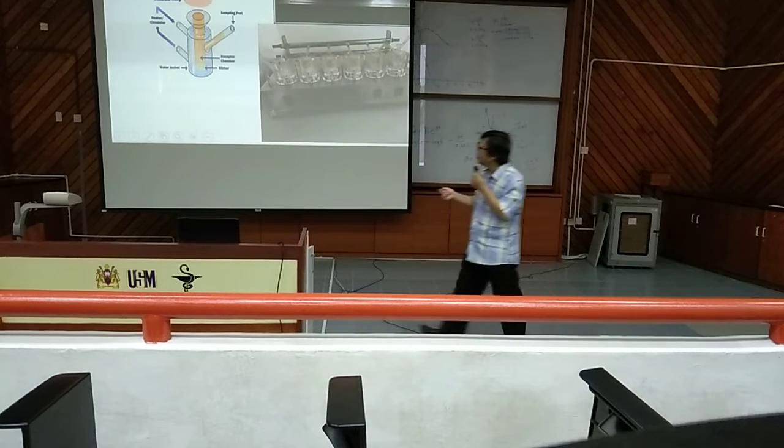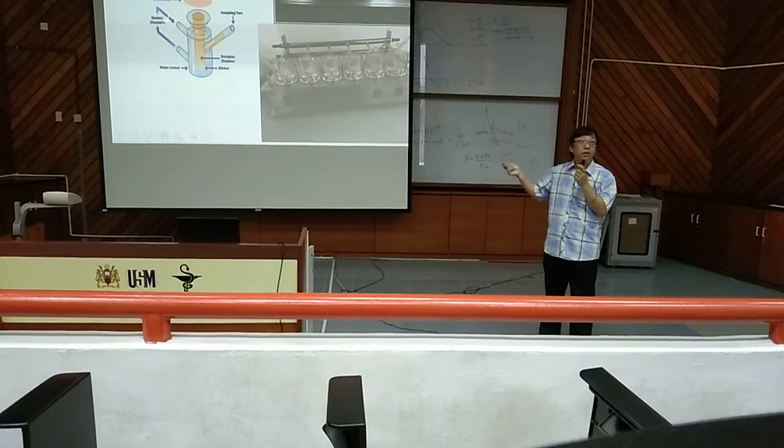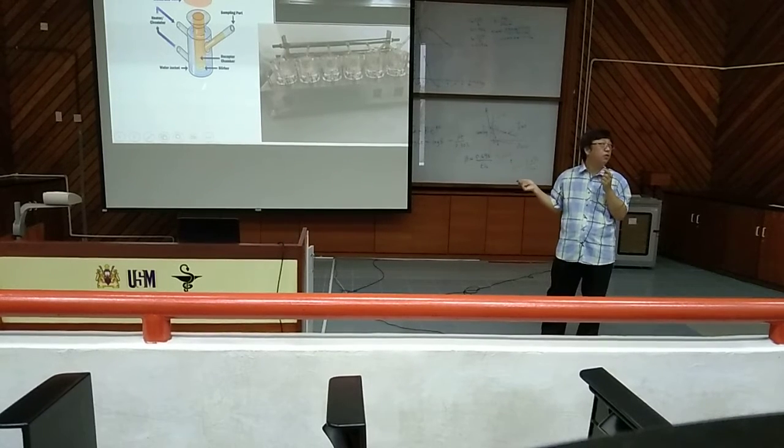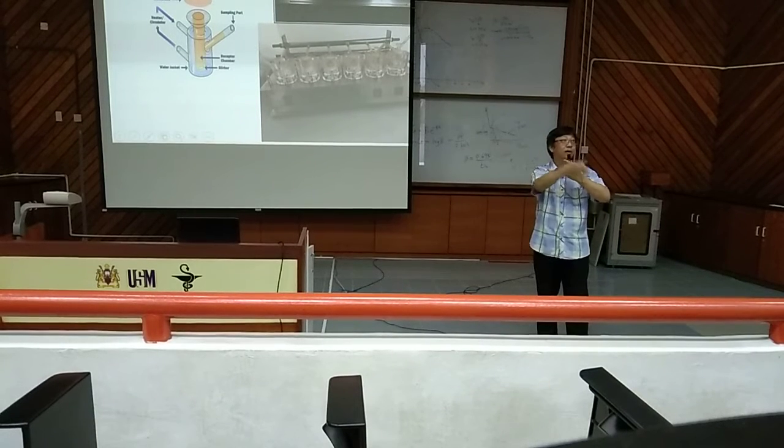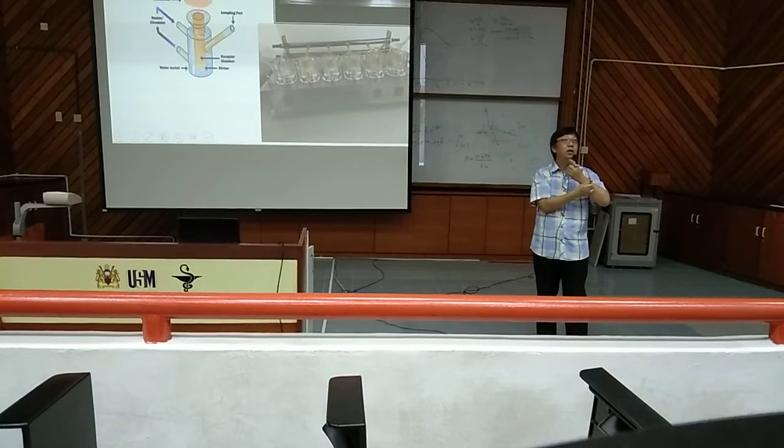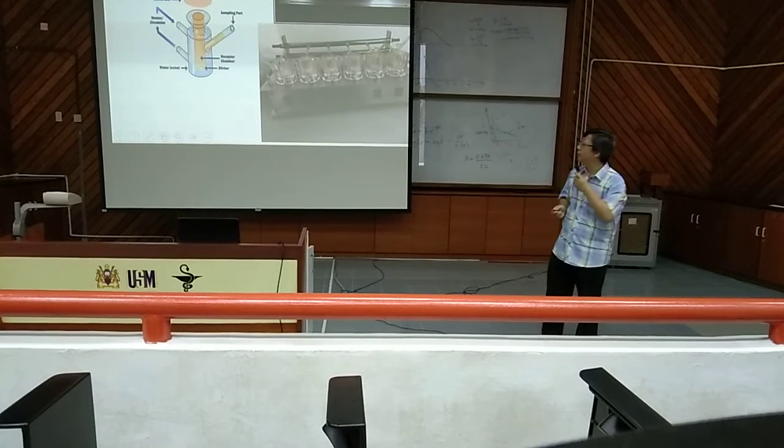Remember, this is called the Franz cell. This one will develop the transdermal dosage form. You know transdermal? The one like oil, but oil is for local effect. Transdermal is for systemic. The drug is supposed to go through your skin and into the bloodstream, so that one is for systemic effect.